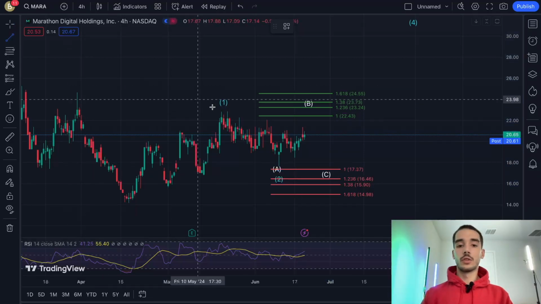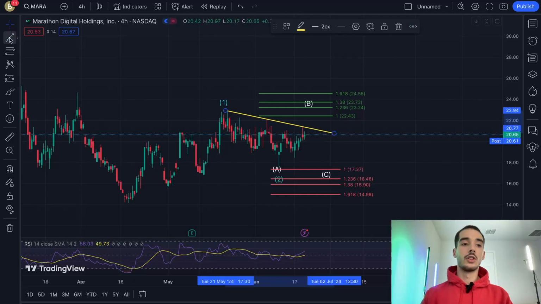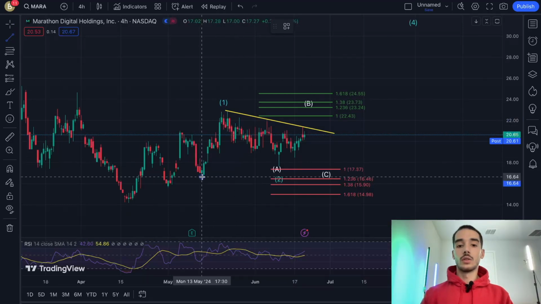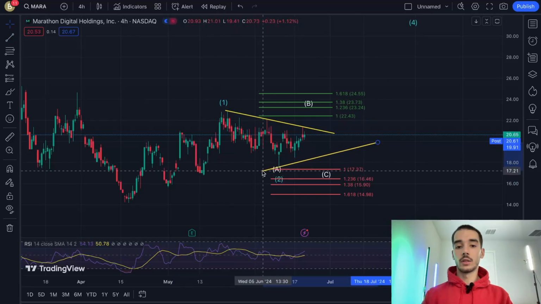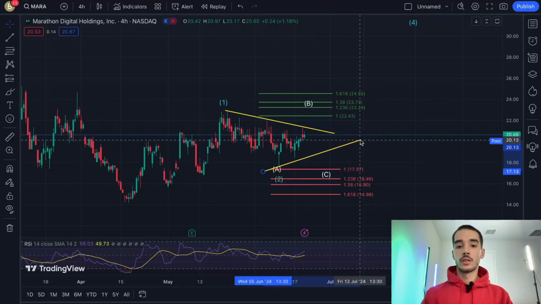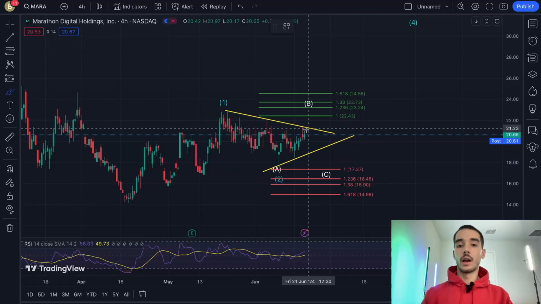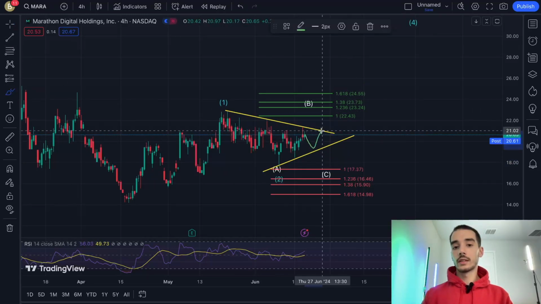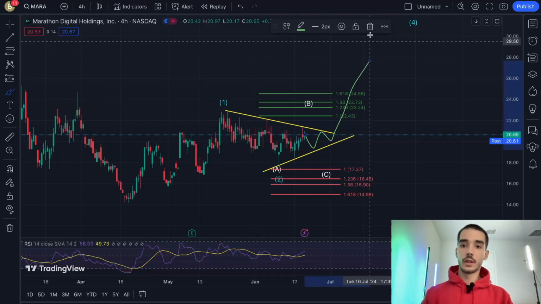But of course, there's also the possibility of us being in a triangle pattern. It can be like that, or it can be like this. So we can potentially see this roll out sort of like this, and then move on higher into the third wave.